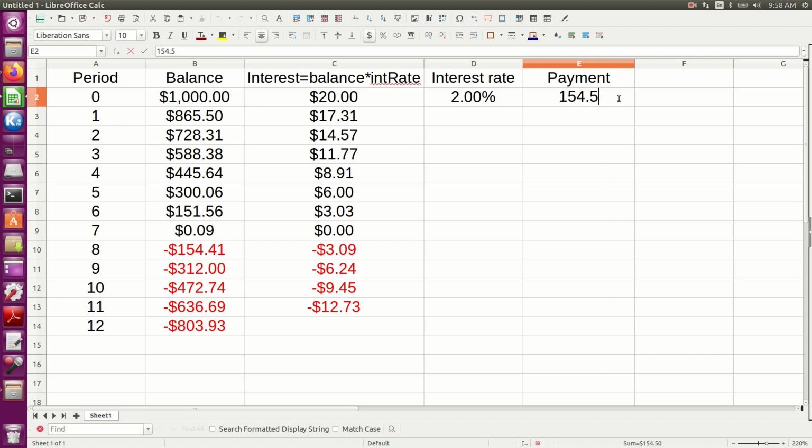So I go in here, I take it up by 1 cent. Oh, 1 penny. So 154.52.